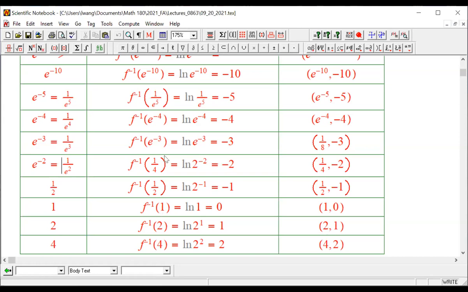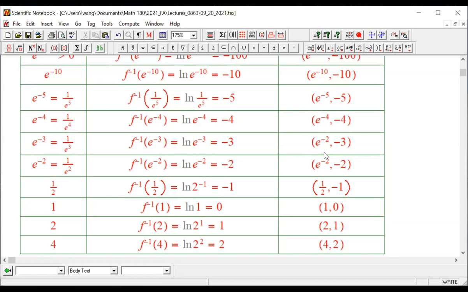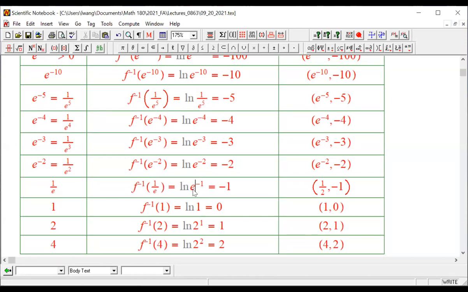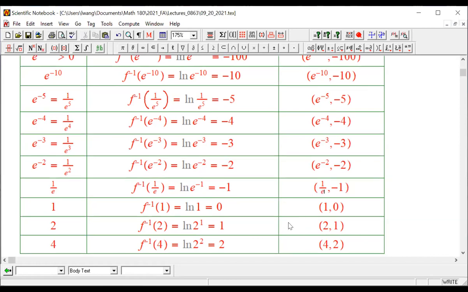Okay, so now this is going to be what? e to the power -2. So we get to the -2. So here e to the power -2. And over here, it should be e to the power -3, right? And keep going. So this is 1 over e, 1 over e, 1 over e, output. So 1 over e.